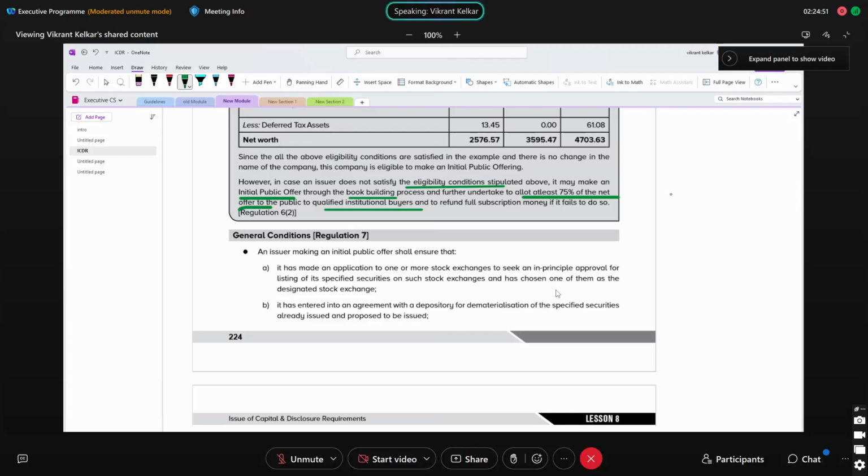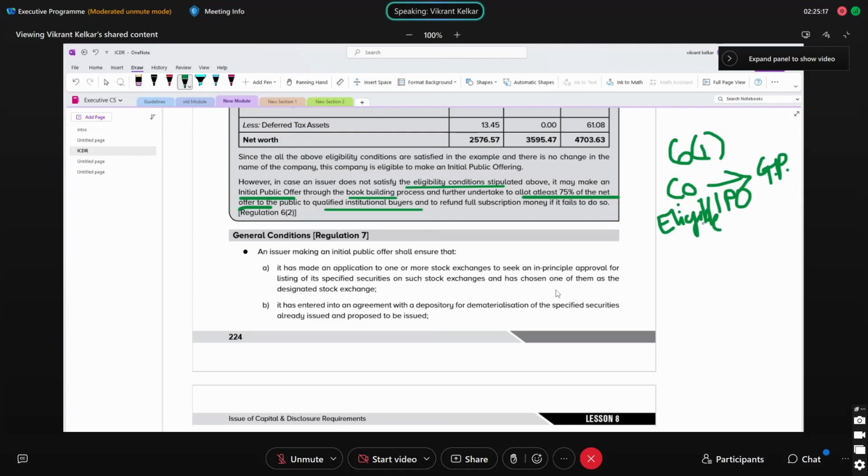What does this mean? If you are fulfilling all the conditions under section 6(1), then the company can approach the general public and sell whatever number of shares to them under IPO. Correct? So the type of company we just saw is to be taken as an eligible company. An eligible company will have an IPO and can raise funds from the general public.